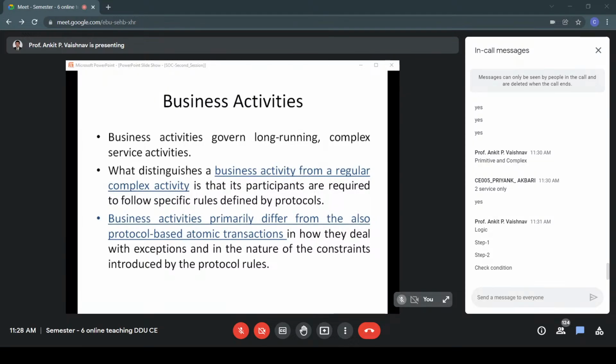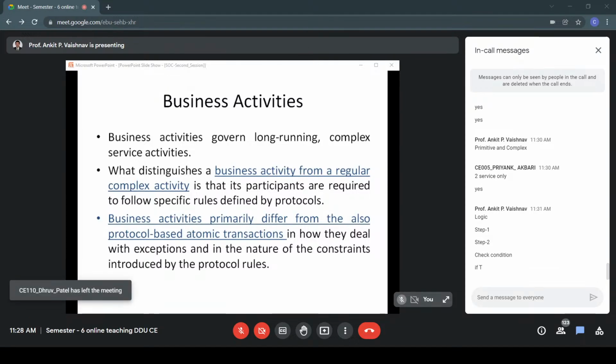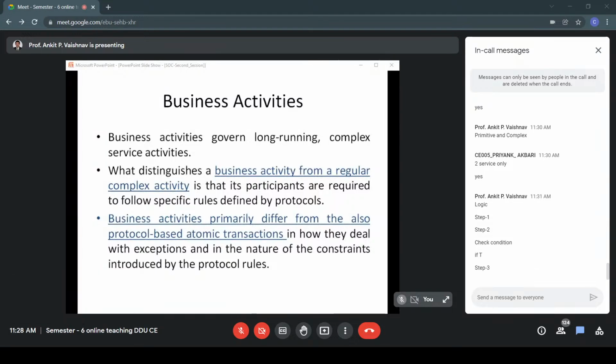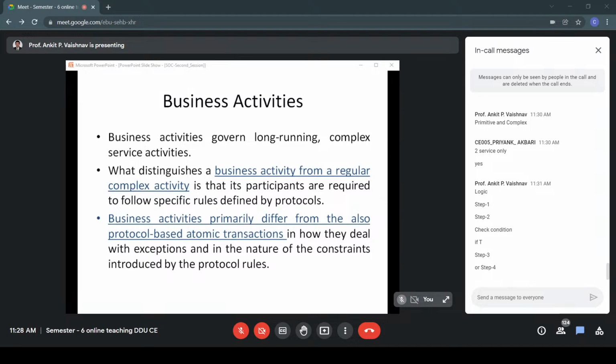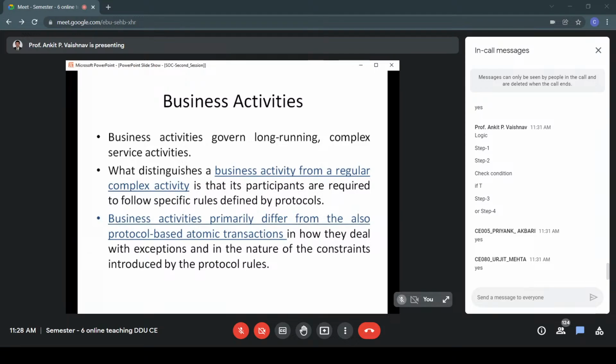If the condition is true, then you go for step 3, or go for step 4. So can I say that I'm defining a business rule over here? Sort of a business rule. It is just like a flow chart, right?